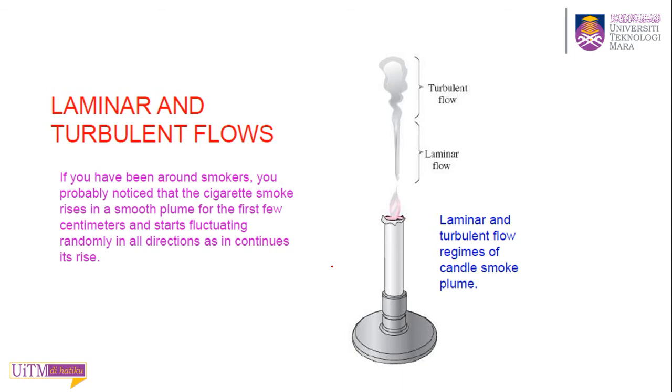Just for example, if you see any smoker exhale smoke from their mouth, you can see the first flow coming from the mouth is a very smooth flow, that's laminar. After that you can see the smoke becomes turbulent. When the velocity becomes higher, you will see the smoke in a highly disordered manner.